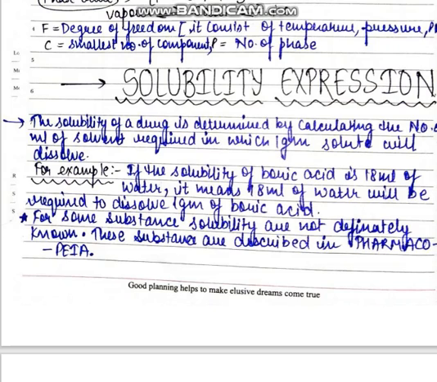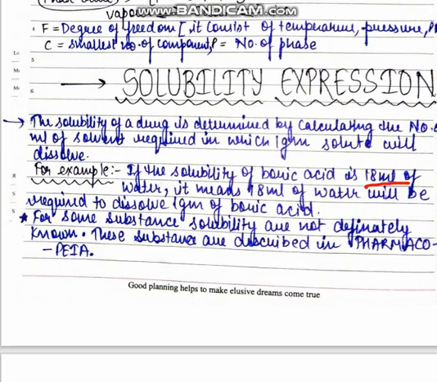In the solubility expression, the solubility of a drug is determined by calculating the ml of solvent required in which 1 gram of solute will be dissolved. For example, if we say the solubility of boric acid is 18 ml in water, that means 1 gram of boric acid has to be added in 18 ml of water. 1 gram is the amount of solute, that is boric acid, and 18 ml is the volume of the solvent, that is water.